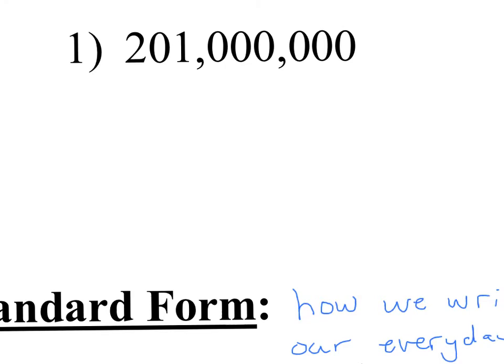The other thing I know is that I have a decimal point right here, and it has to get all the way down here to between the 2 and the 0, because I have to have a number between 1 and 10 in scientific notation. So when I move my decimal, 1, 2, 3, 4, 5, 6, 7, 8. So I'm going to have 2.01 times 10 to the 8th, and it's positive because it's a big number.